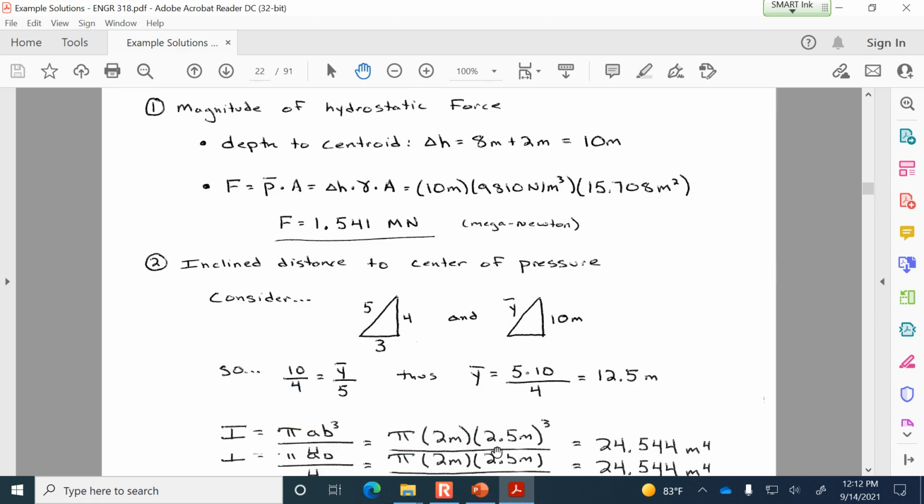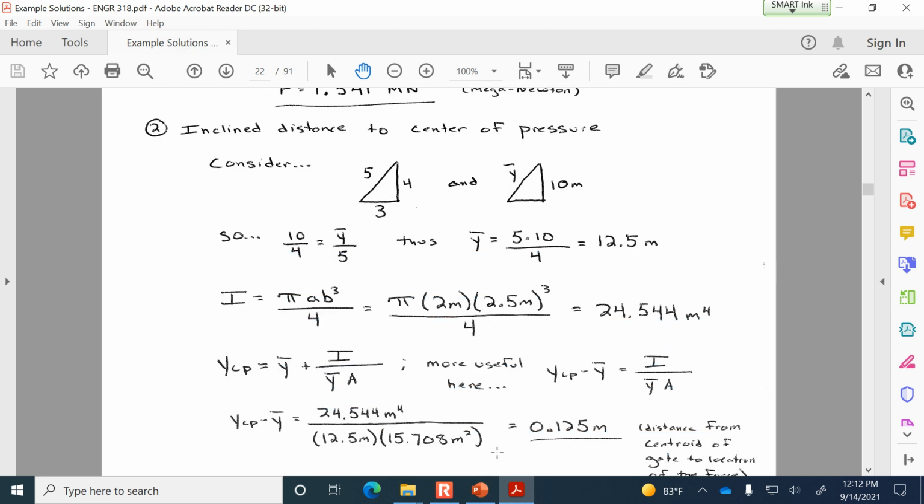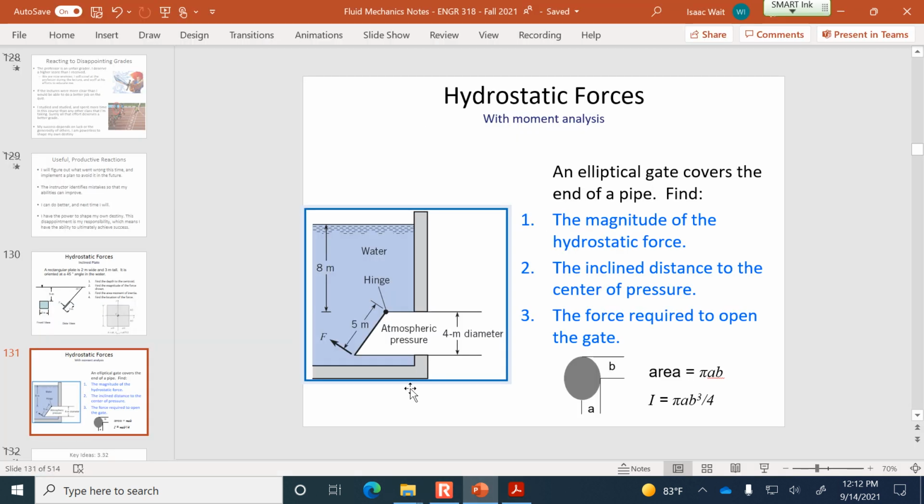Now, in order to determine where that force is located, it helps to look at the angles that are defined for the gate's orientation relative to the y bar. So y bar is the distance from the center of area along the inclined path up to the water surface.